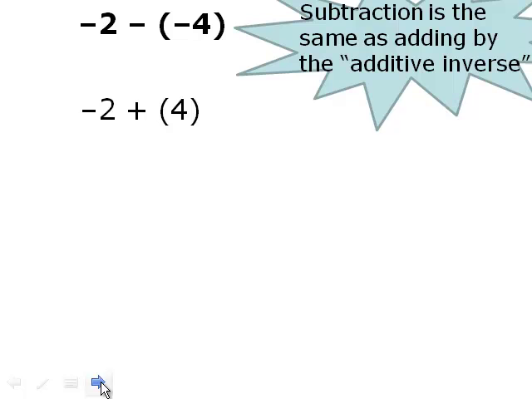So this becomes -2 plus +4. Using our number line, we're going to go to the position of -2, and then we're going to move to the right 4 places, which is going to get us to our final destination of +2. So -2 minus -4, or -2 plus +4, is equal to +2.